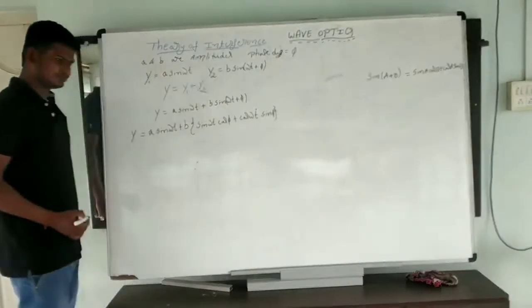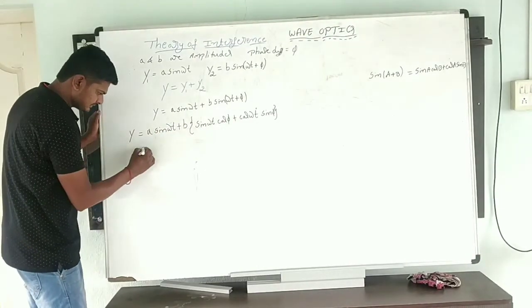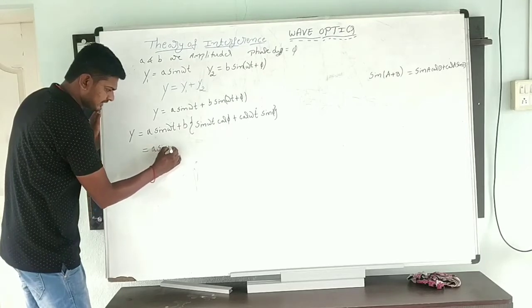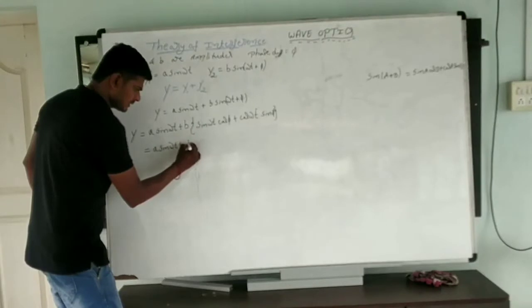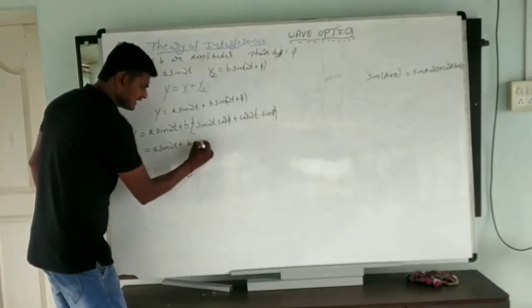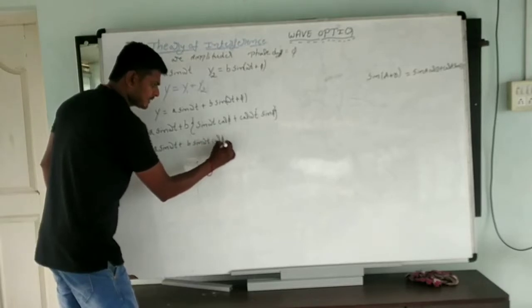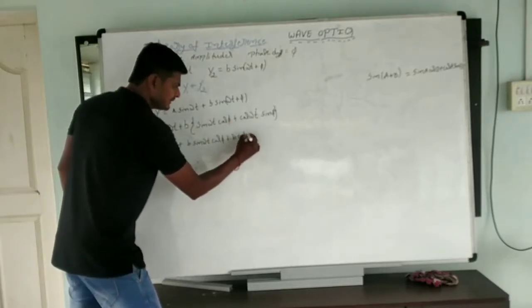This is the next step. Now I take B inside: A sin omega t plus B sin omega t cos phi plus B cos omega t sin phi.